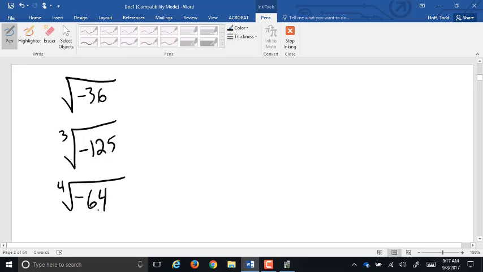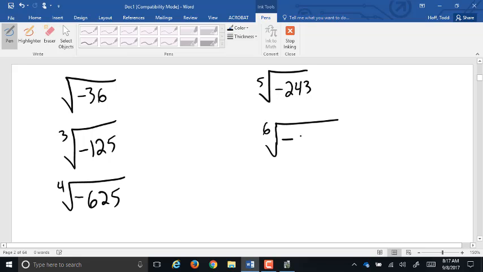How about a fourth root of a negative 625? A fifth root of a negative 243. A sixth root of a negative 15,625. And a seventh root of a negative 128.